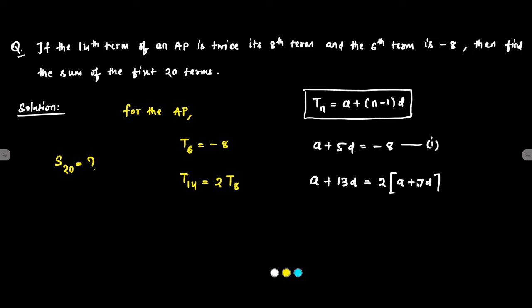This is for the 8th term. So that implies A plus 13D is equal to 2A plus 14D.